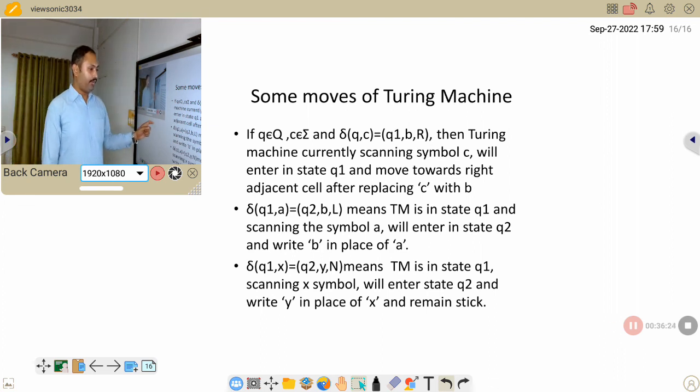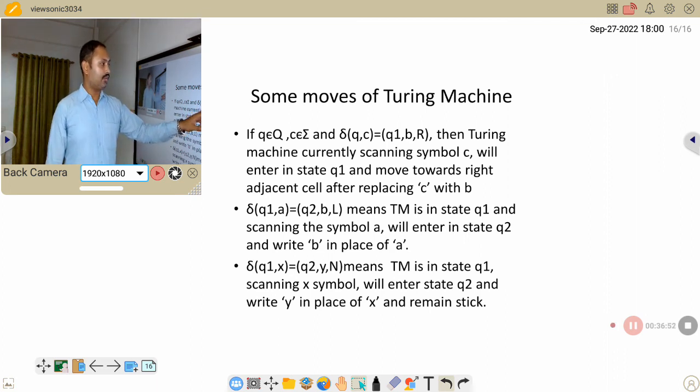So see the first point which is written over there. The transition looks like this: delta(Q, C) = (Q1, B, R). What is the meaning of that? Q and Q1 are the finite number of states. So our present state is Q and our input symbol or the scanned symbol is C. Now, what is the purpose of the control machine?